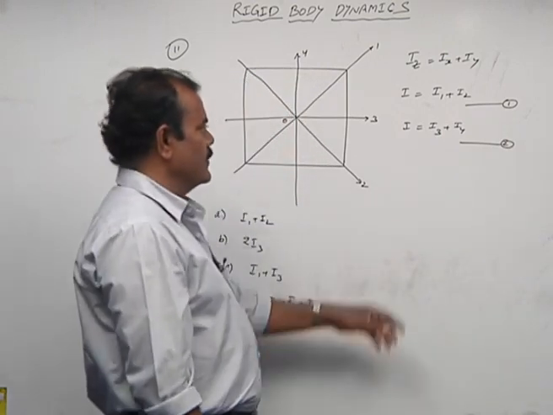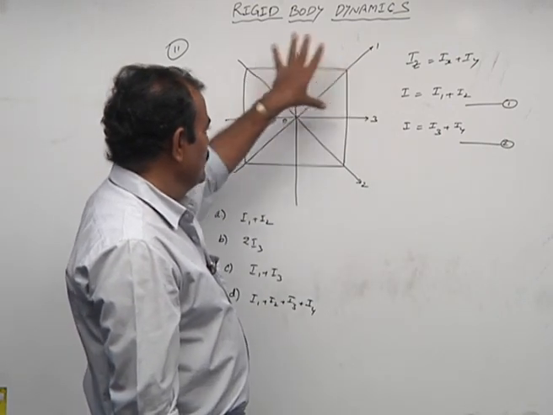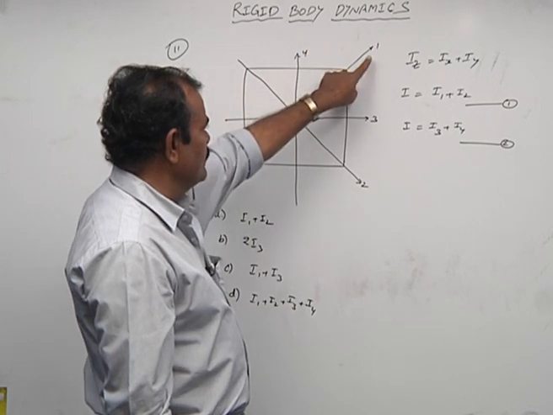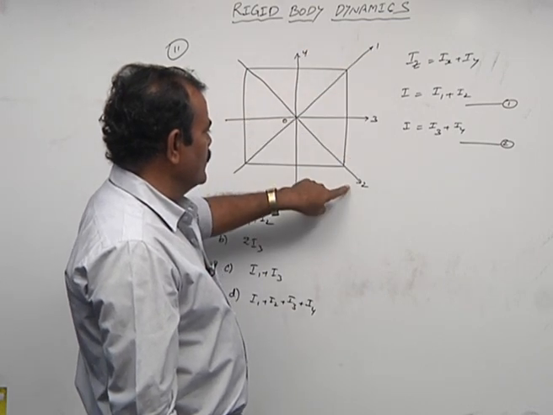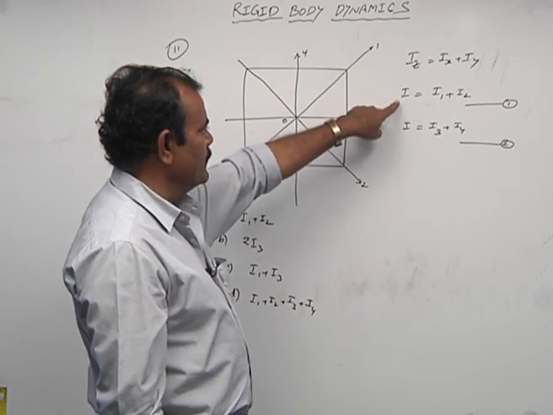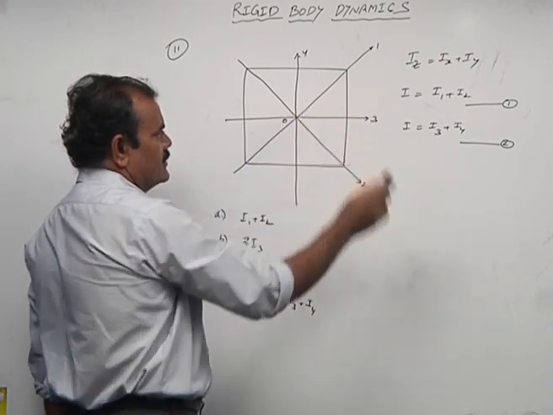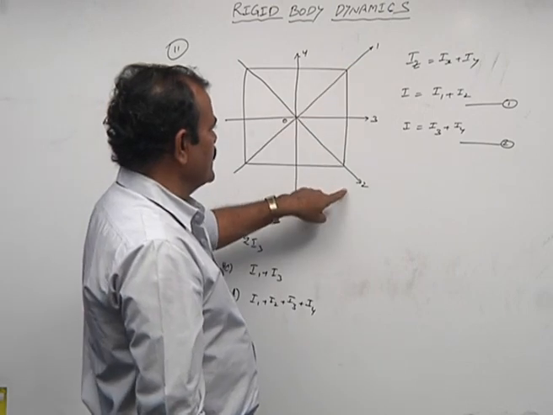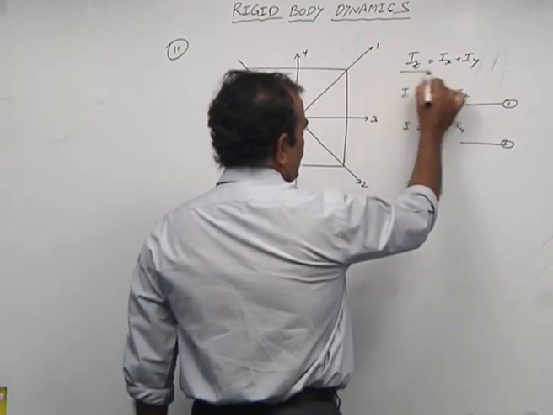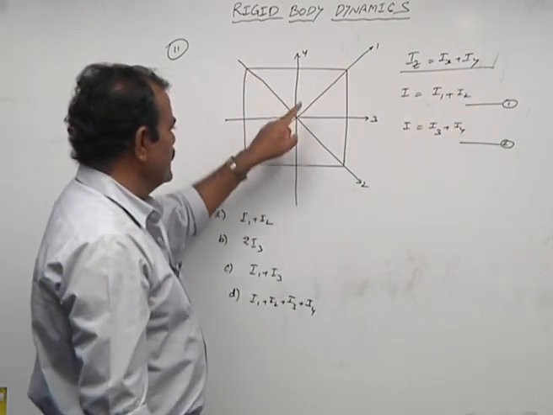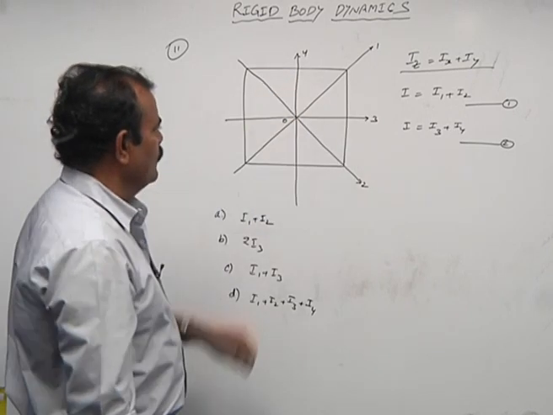We have applied the perpendicular axis theorem because this is a square frame, and axes 1 and 2 are mutually perpendicular, so we can get the moment of inertia about this axis. So I is equal to I1 plus I2, and in the second case, I is equal to I3 plus I4.